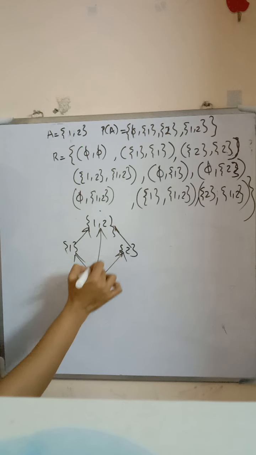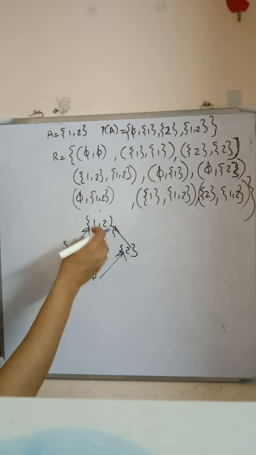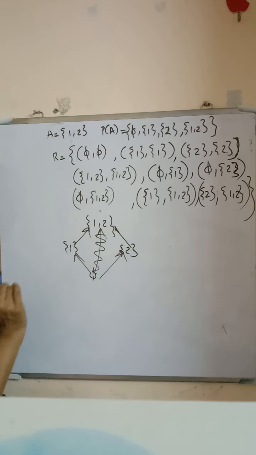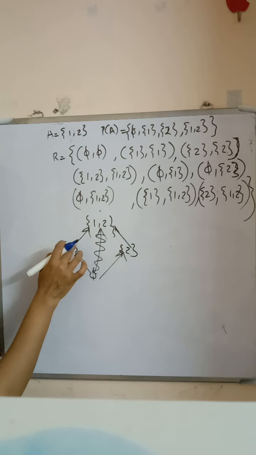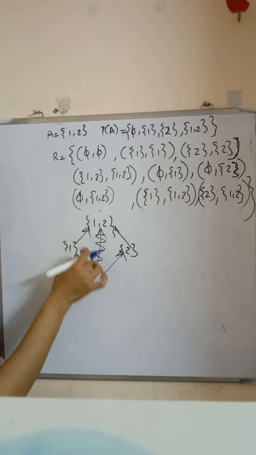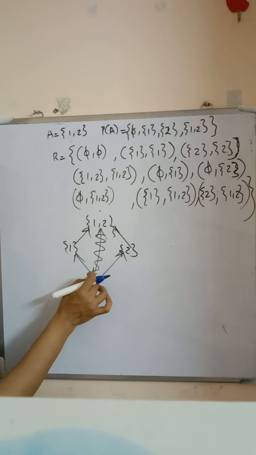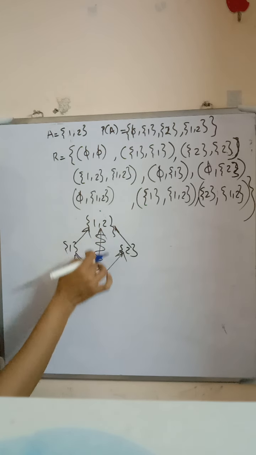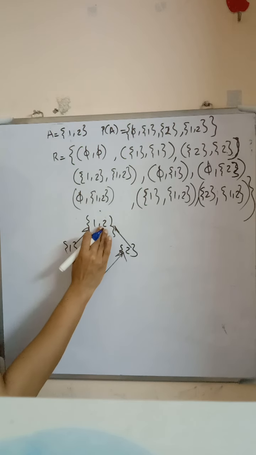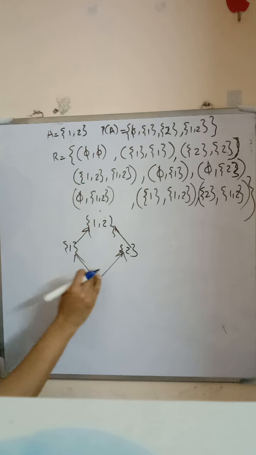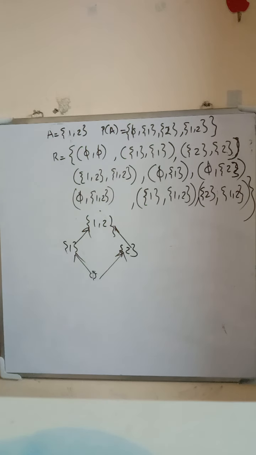So this edge, null set to {1, 2}, represents the transitivity relation, so we delete this edge from this graph. Also null set to {1} and {1} to {1, 2}. Here, null set to {1, 2} is a transitivity relation, so we remove this edge from the graph. Okay, this is the Hasse diagram representation of this relation.